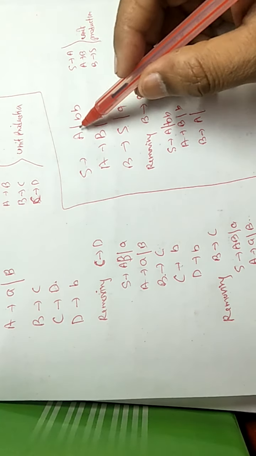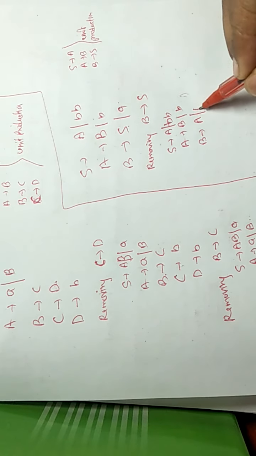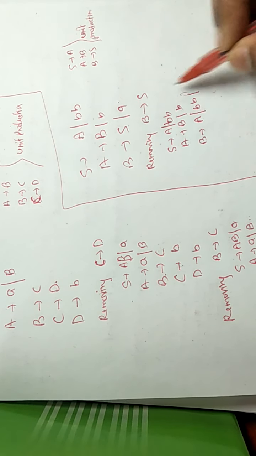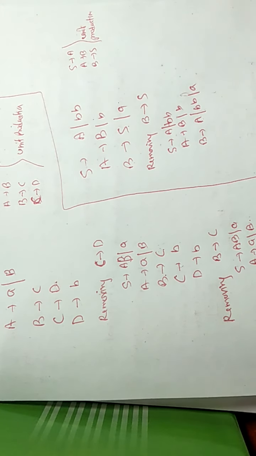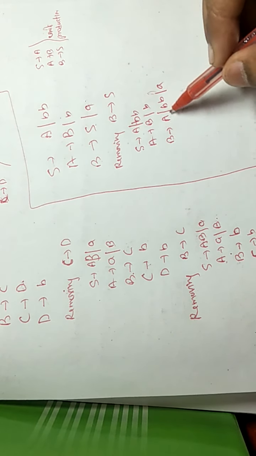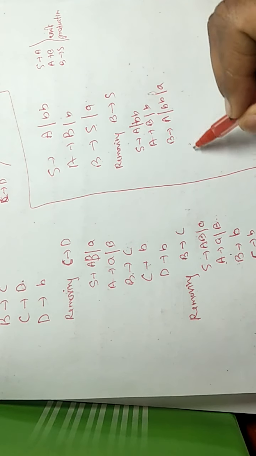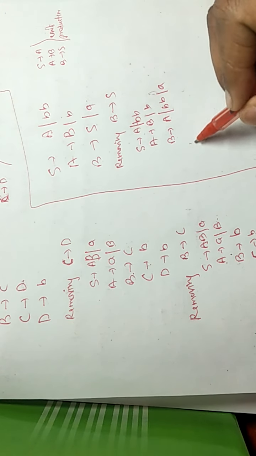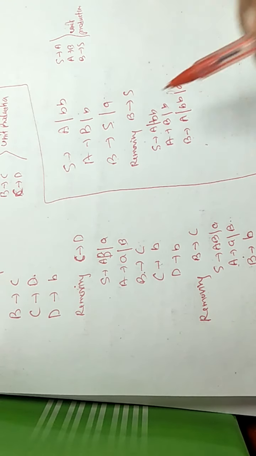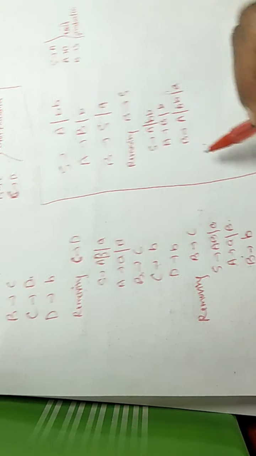It has two values, either A or BB. So we put A, BB, and then B tends to A. Now here again we get a new unit production B tends to A. So it is not yet properly removed. We need to remove it again.